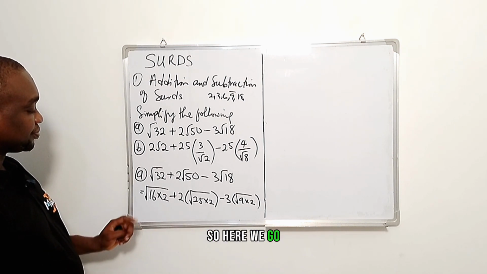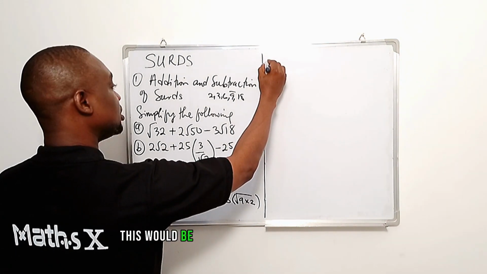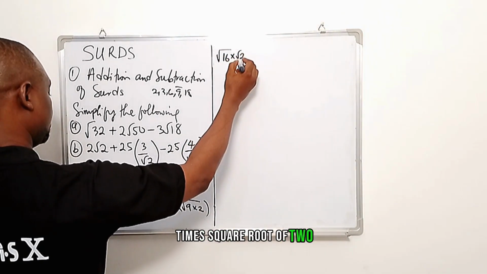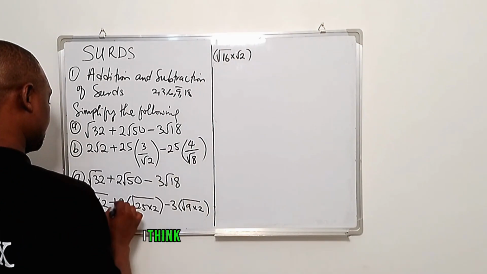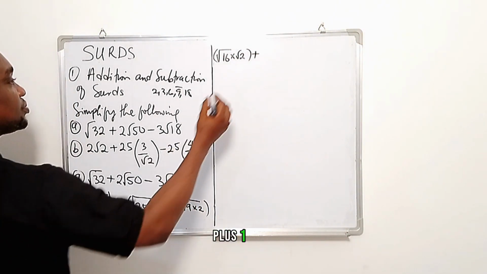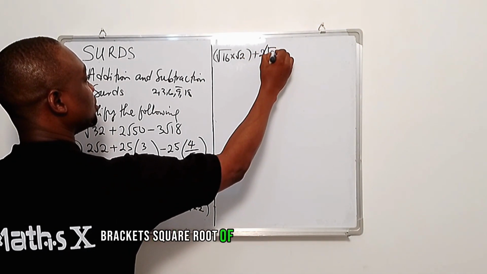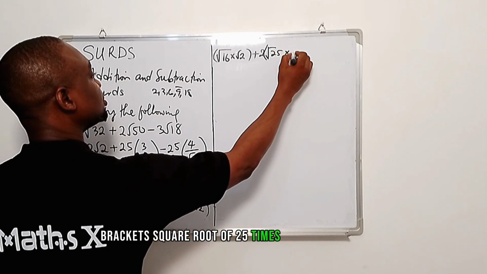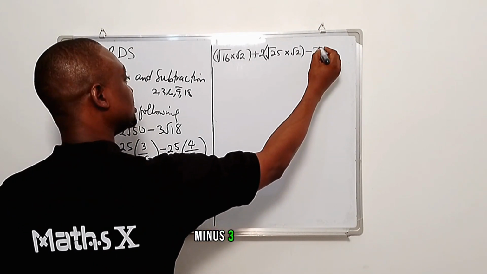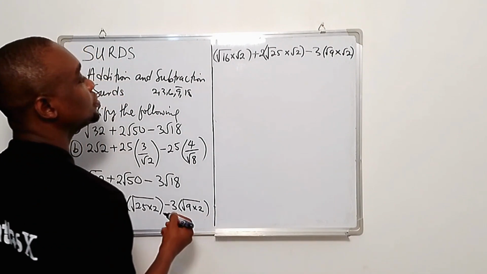So here we go. Break this down like we did in our previous class. This would be square root of 16 times square root of 2. I think you should put them in brackets. Plus 2 bracket square root of 25 times square root of 2, minus 3 bracket square root of 9 times square root of 2.